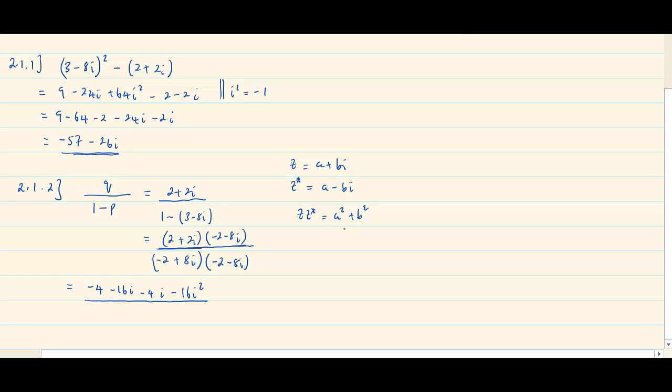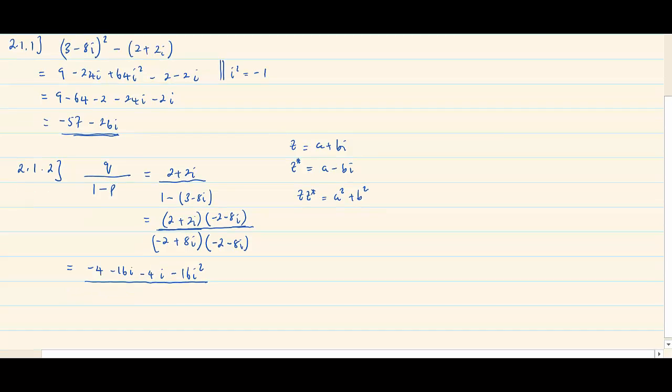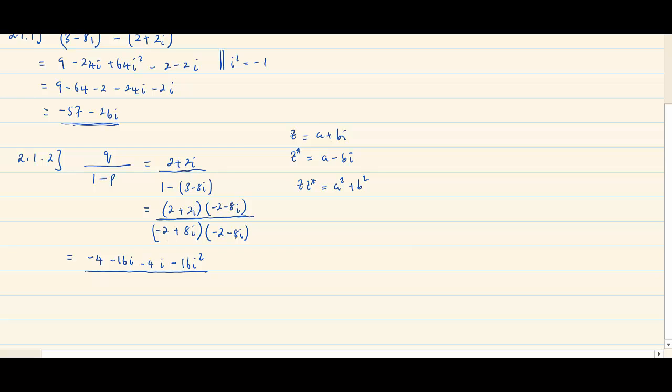Okay, so in keeping with that, or you could just do the normal distribution of those two binomial expressions, you'll find that we now get minus 2 as my a squared, plus the b squared is going to be 8, so it's going to be plus b squared.